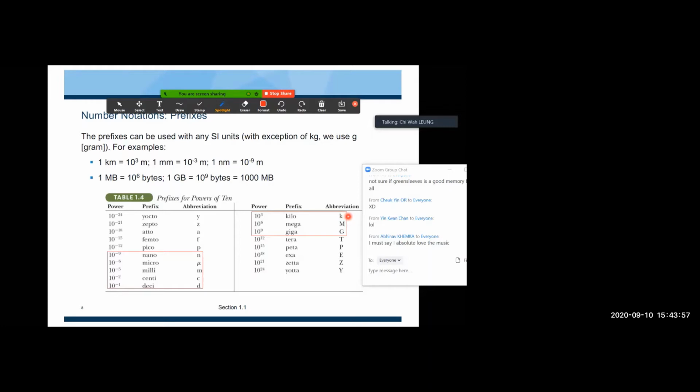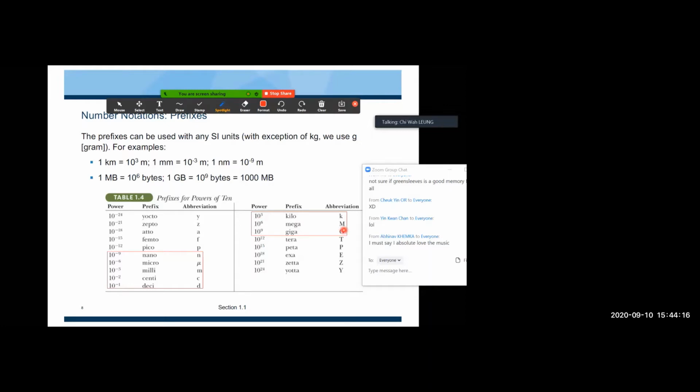Although, please remember that kg is by itself the standard SI unit. Standard SI unit is kg, not g. G instead is the derived one, which is 1,000th of a kilogram.